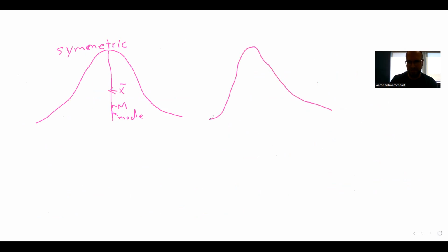If my histogram looks kind of like this, again, roughly, it's never going to be perfect. My tail is on the right side. This is called skewed right. The tail's on the right, so this is skewed right.